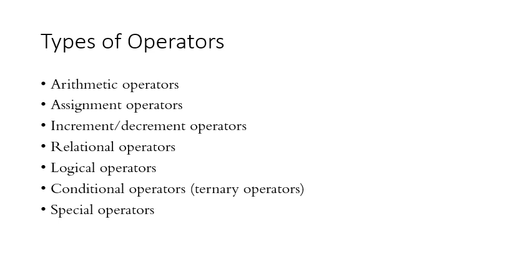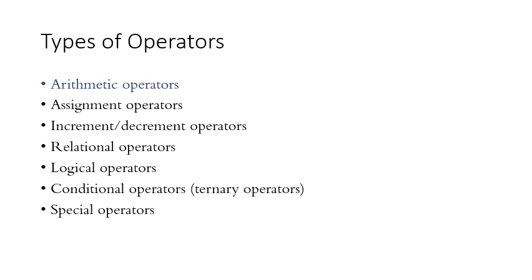We also have the increment or decrement operators. You will know about that later. We have the relational operators to perform comparisons. We also have the logical operators to help us build conditions. And lastly, we have the conditional operators.